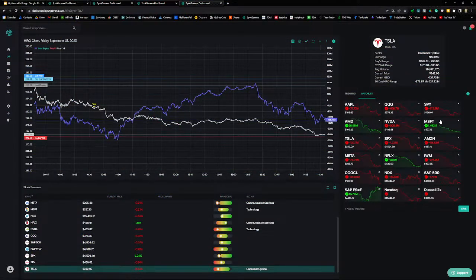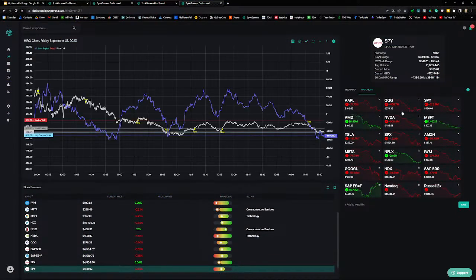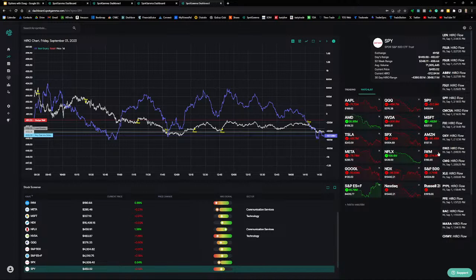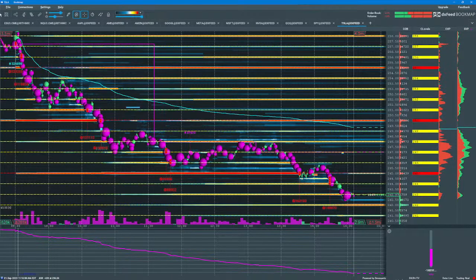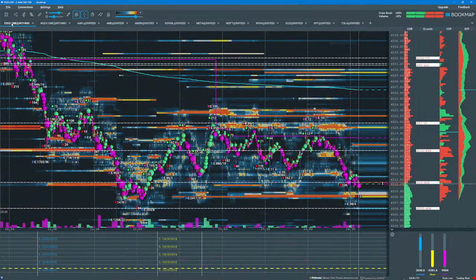All right, so let's go back to SPY. Again, remember the Hero alert. So I'm watching the alerts here for SPY. But in Bookmap, if I'm trading any form of the S&P 500, definitely looking at ES futures. There's way more information here.